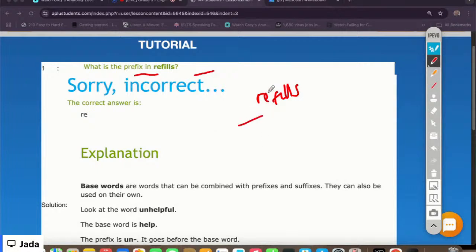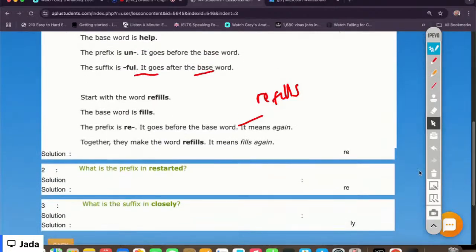So re over here would be the prefix because it is the one starting the word. Prefixes are usually at the beginning, so take note of that. What is the prefix in restarted? Re also will be the prefix because it's at the beginning.